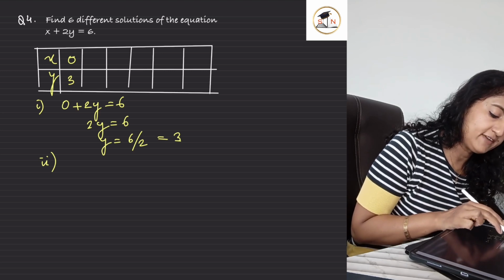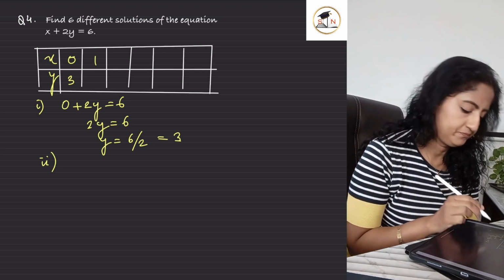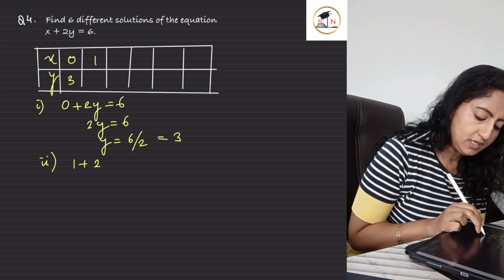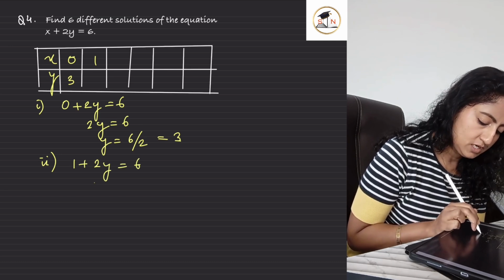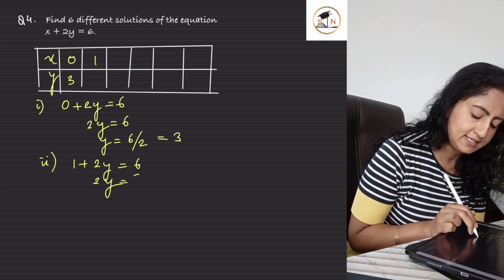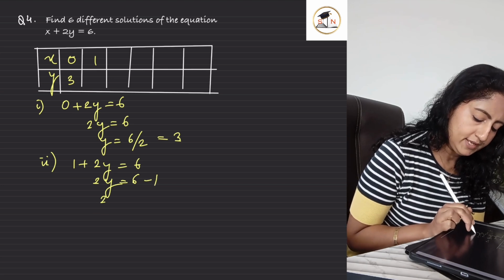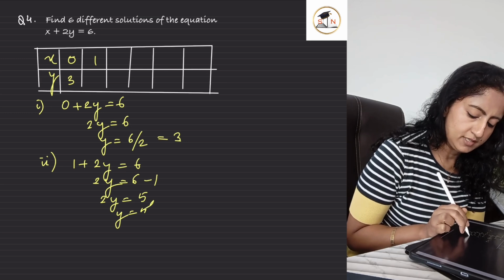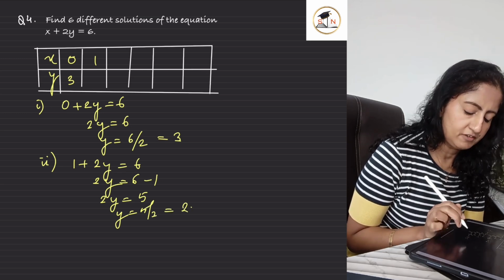I'll take the value of x as 1 over here. Now, when it is 1, I get 1 plus 2y equals 6. That means 2y equals 6 minus 1, 2y equals 5, and y equals 5 by 2. That is 2.5.